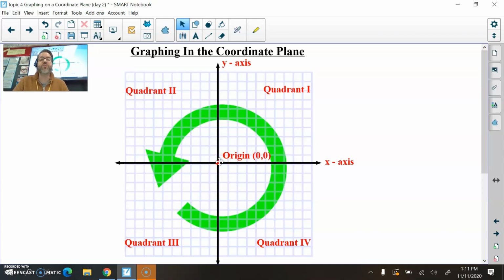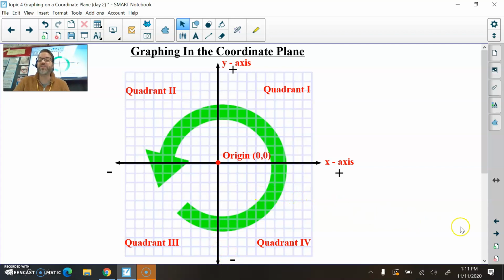And so to know which direction to go, we need to use positive and negative symbols. So if you move to the right of the origin, this is in the positive direction. If you move to the left of the origin, you're moving in the negative direction. Up is the positive direction on the y-axis, and down is the negative direction on the y-axis.